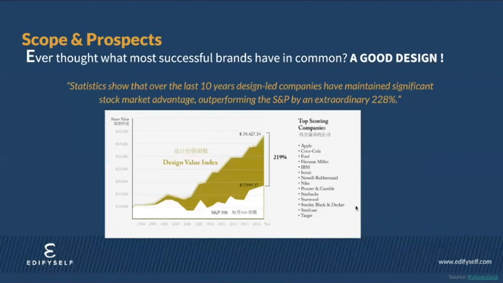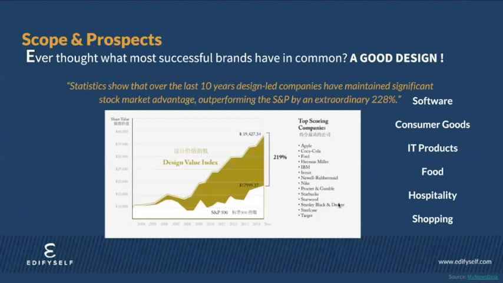And if you take a look at the kind of companies, there are software companies, Apple, IBM, there are consumer good companies, P&G, there's Nike, there are IT product companies, IBM again, food companies, there's Starbucks, hospitality, Starwood, there's shopping, Target. So what I'm trying to say is that from domains all over, companies are now aware that having a good design is very important.